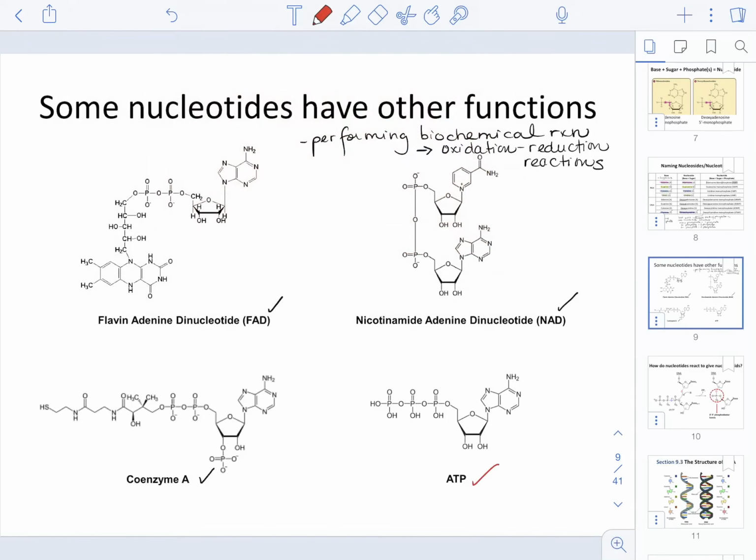ATP, even though it is also utilized to synthesize nucleic acids, is the energy currency of the cell. And once we get to metabolism, we will see this in action.